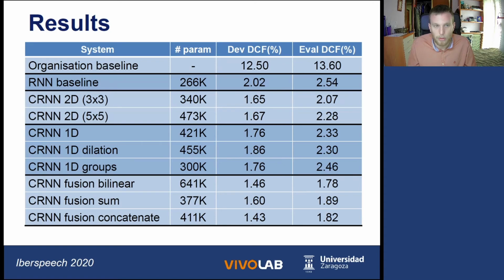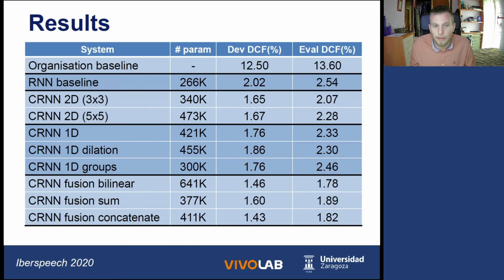If we focus on the three different groups, we can see that the best performance is obtained by the fusion architecture, suggesting that this fusion is beneficial for the SAD system. We can also see that the 2D filters obtain a better performance than the 1D filters by themselves.